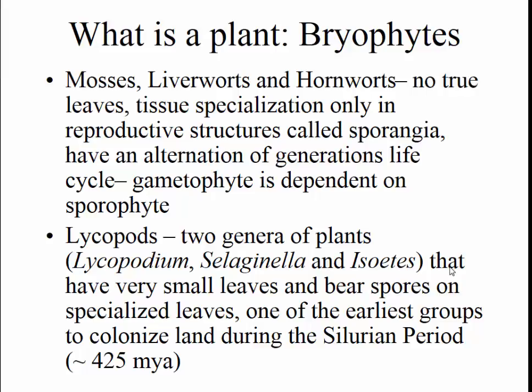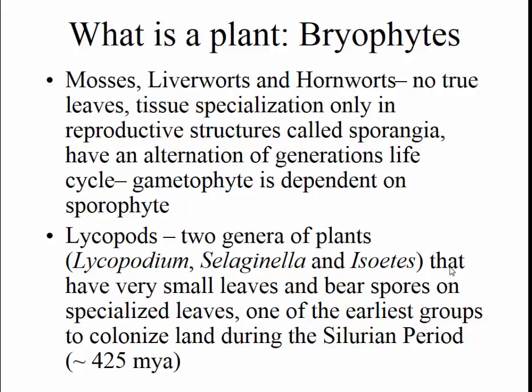Lycopods are today comprised of only two terrestrial genera, Selaginella and Lycopodium, and a single aquatic species, Isoetes. These are very specialized species in the sense that they have unique alternation of generations and don't have any true leaves.